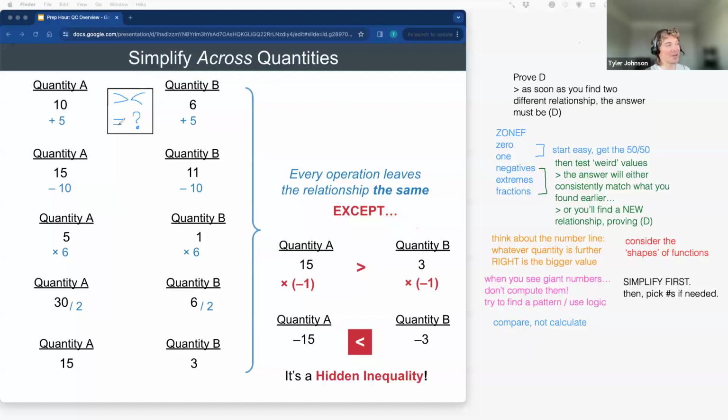You, as the test taker, don't, but you're allowed to manipulate the two quantities based upon the same rules that apply for an inequality. That is, you can do the same operation to both sides, except you typically want to avoid multiplying or dividing by a negative number because that would reverse the sign of that inequality. And you don't want to find the reversed version. You want to find what was originally the relationship between your two quantities.